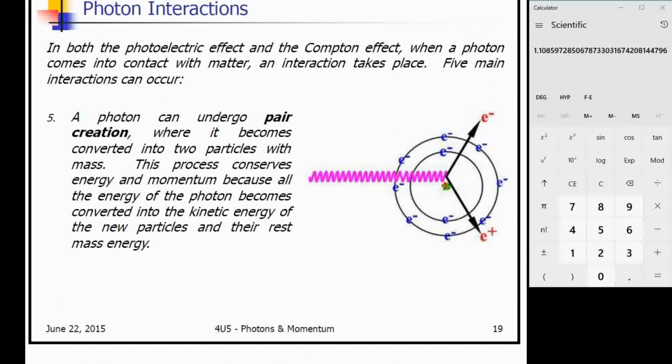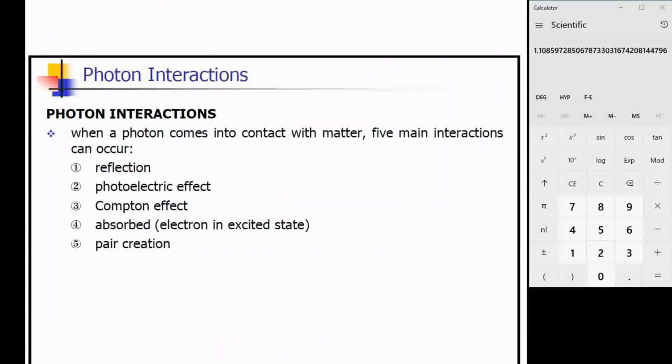In pair creation, 2 particles are created: an electron and a positron. We'll talk about the positron more in this unit, but it looks like an electron with a positive charge. It has the same mass as an electron, but its charge is positive.